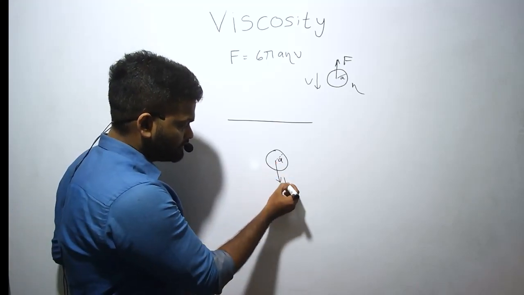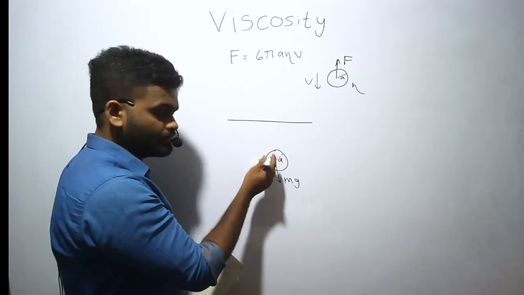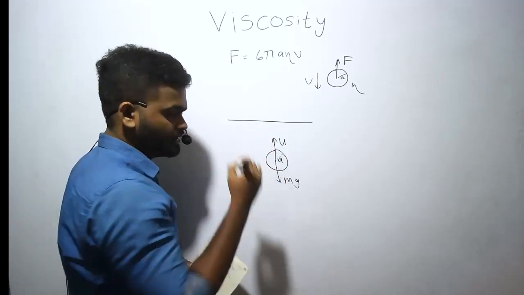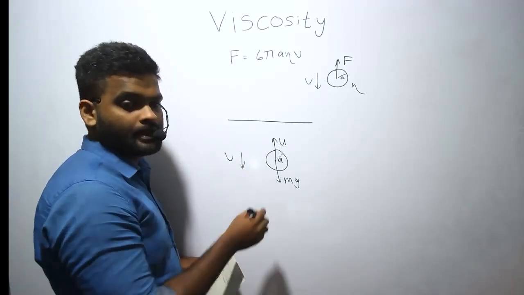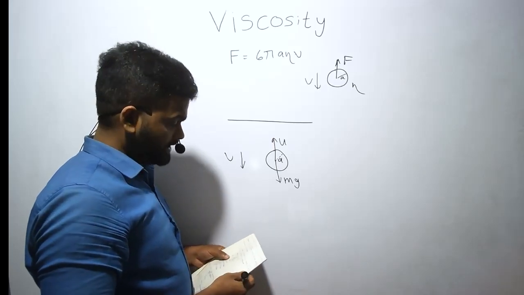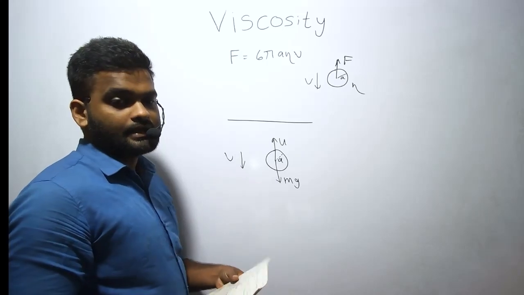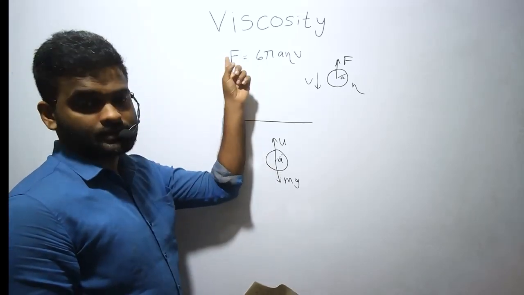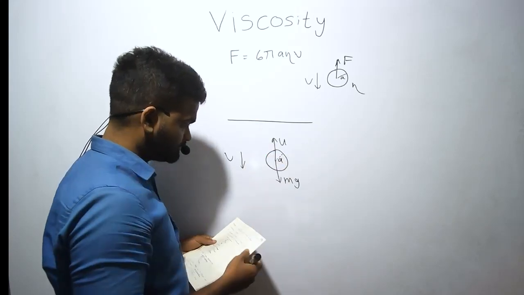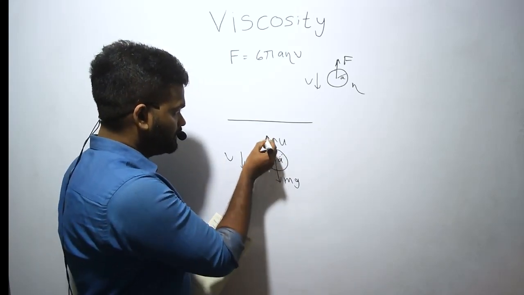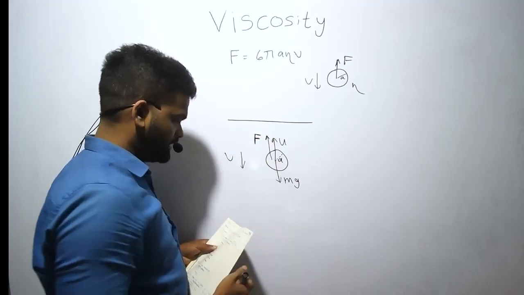So obviously one force is mg, its weight. And if it is immersed in the liquid, there is an upthrust, so upthrust is also acting. Since it is moving downwards, there's the resistive force or the viscous force in the opposite direction, so it is upwards.